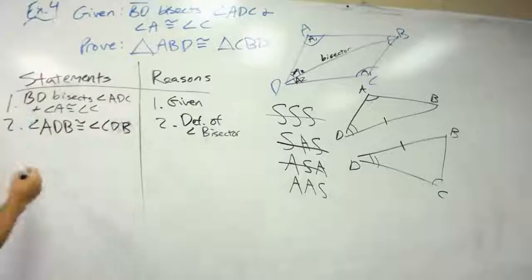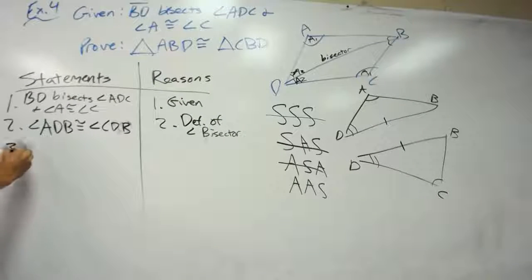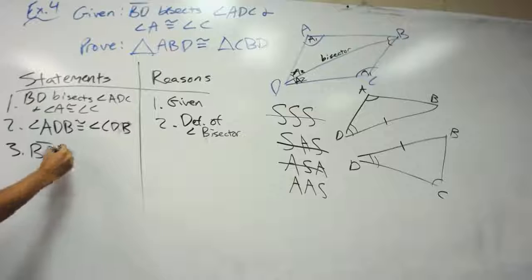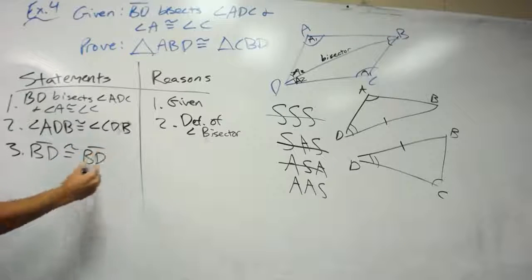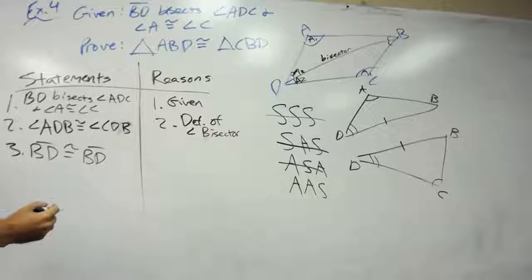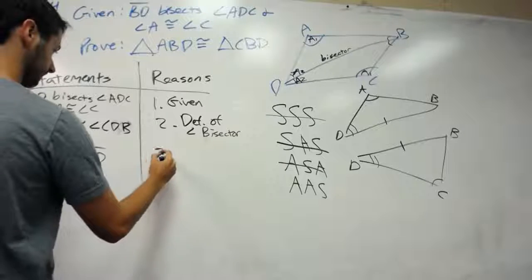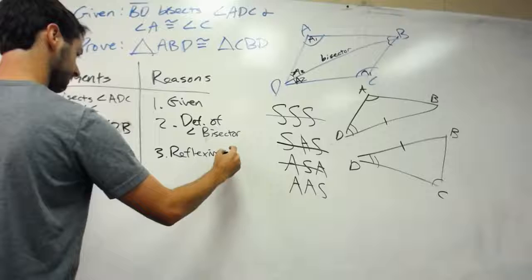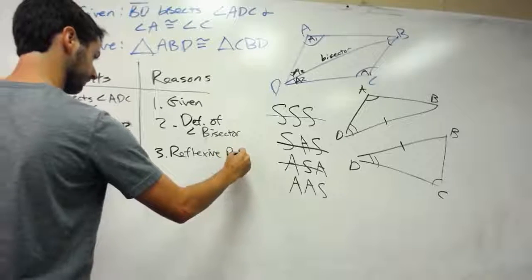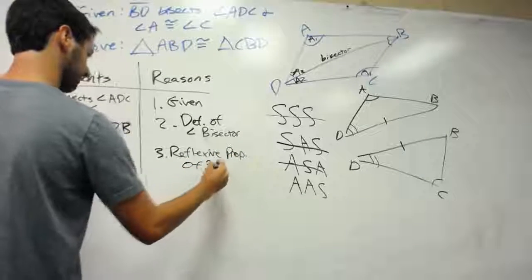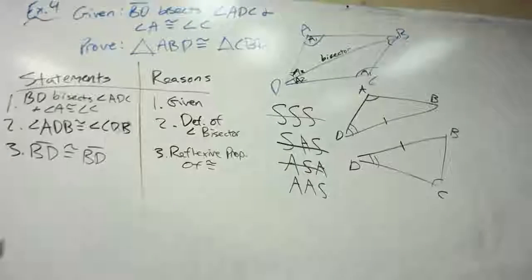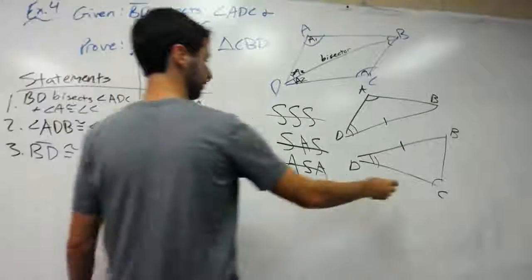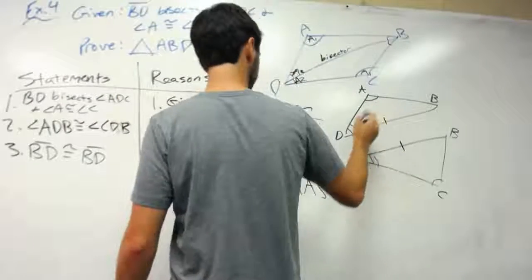So therefore I can say BD is congruent to BD. And that is our reflexive property of congruence, when they're equal to themselves. And since they are congruent, we now have an angle, angle, side congruency.